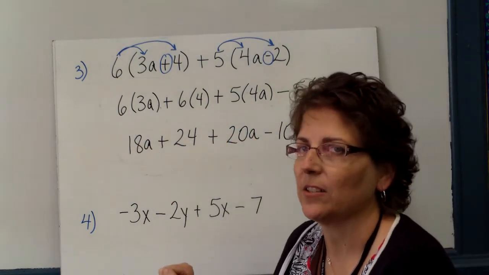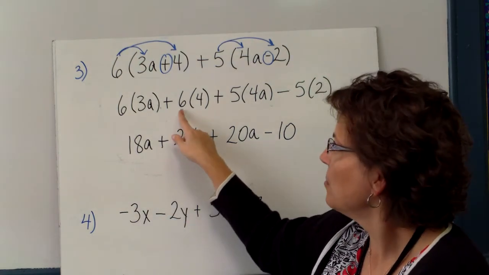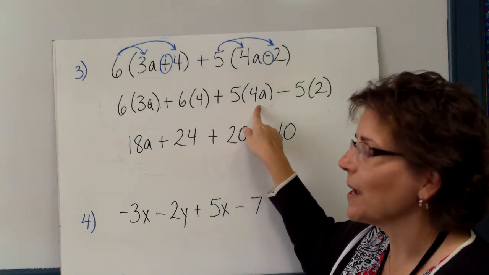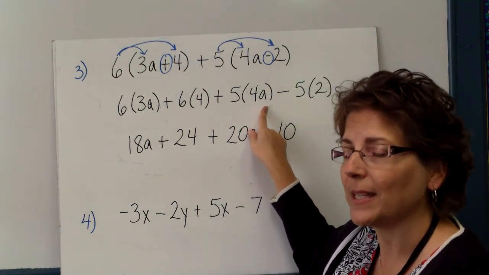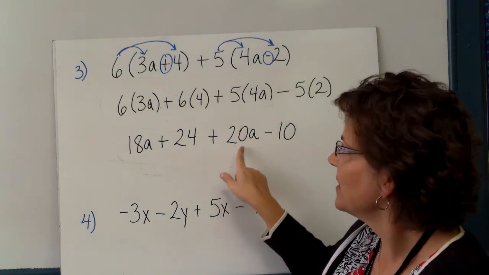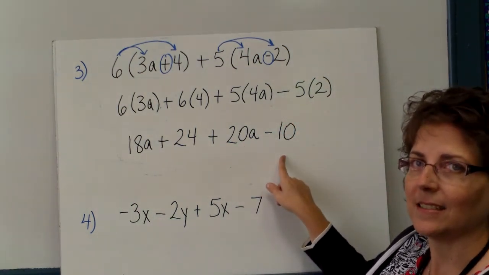Now I need to multiply these through. 6 times 3a gives me 18a plus 24, plus 5 times 4a. Remember, you can multiply even though they're not like terms. That was one of the rules we put down in our notes. 5 times 4a gives me 20a, minus 10.